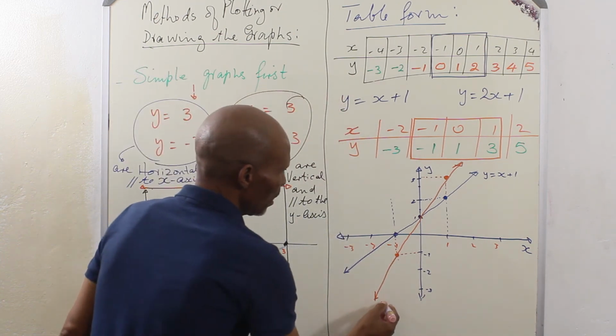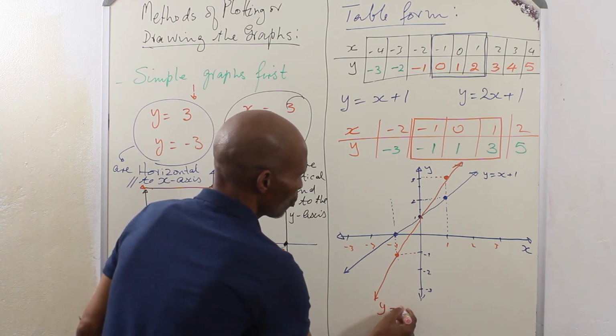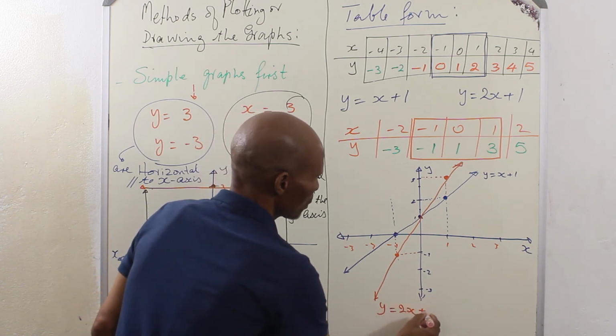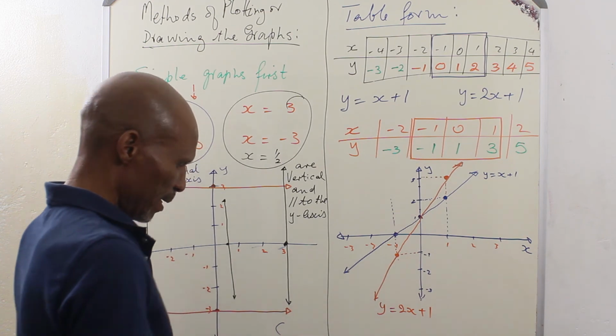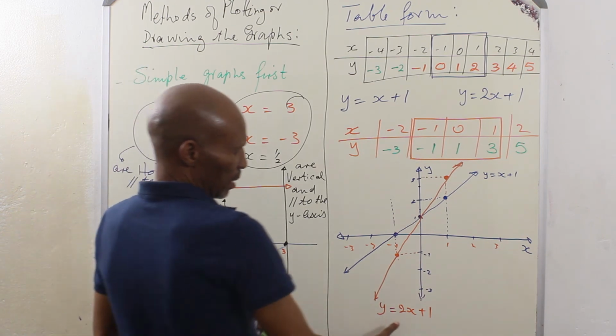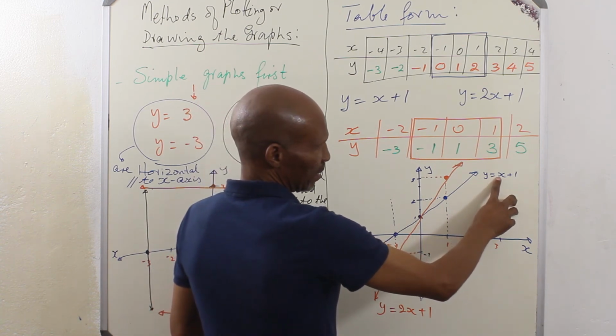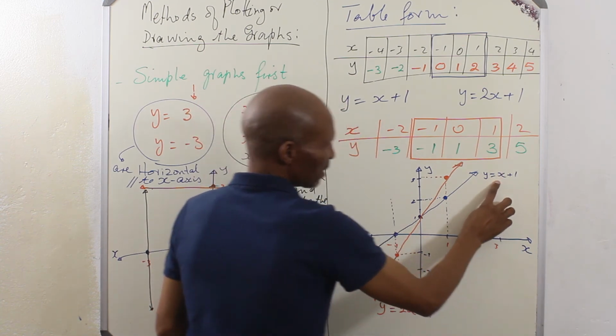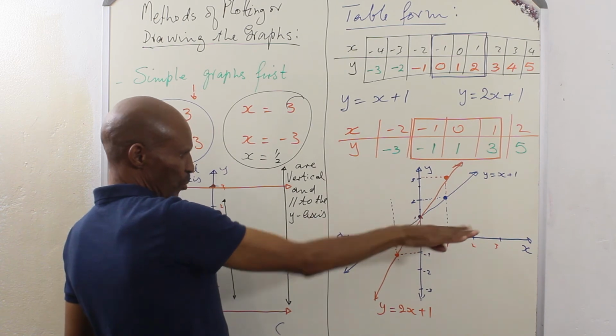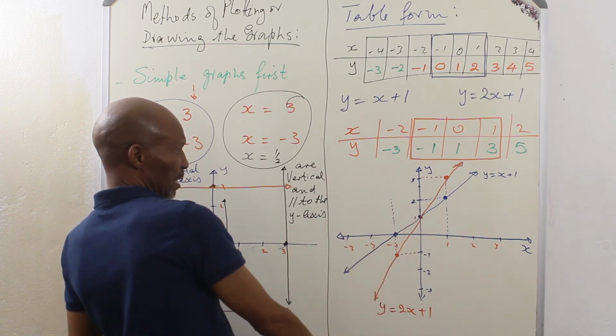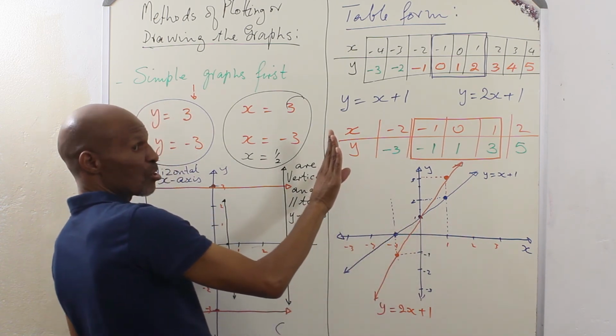This one is y is equals to 2x plus 1. Let's look. Gradient 2, gradient 1. The smaller the gradient, the lesser the slope. The bigger the gradient, the steeper the slope.